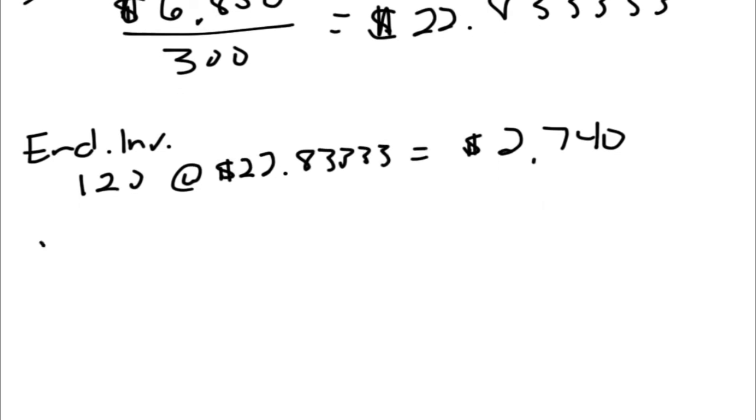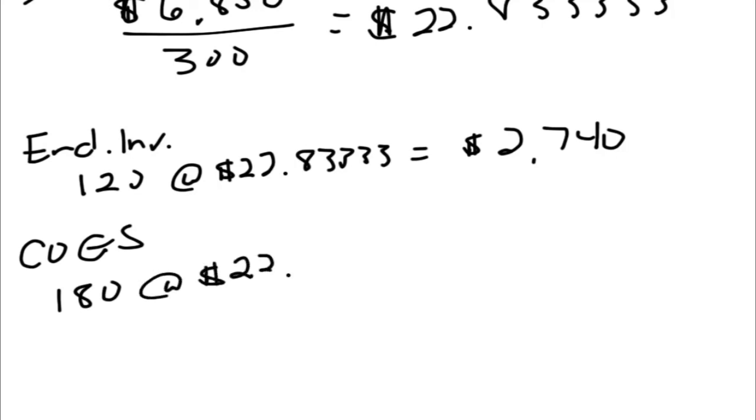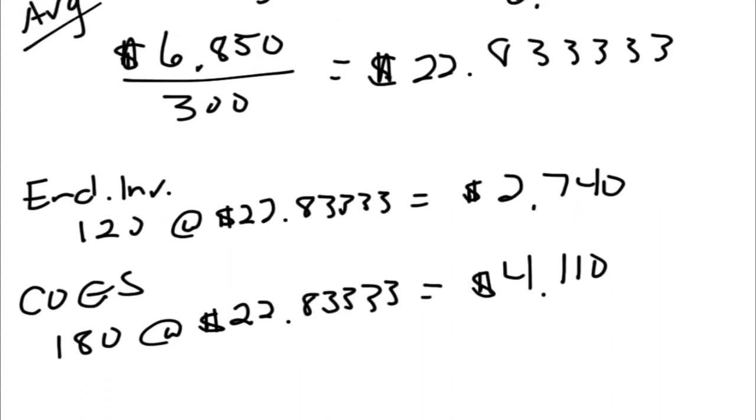But we can also prove it by using the units. Cost of goods sold, 180 units at 22.83333. And when you round, you should find that you get a total of $4,110 for cost of goods sold. Again, you can double check both of these figures.